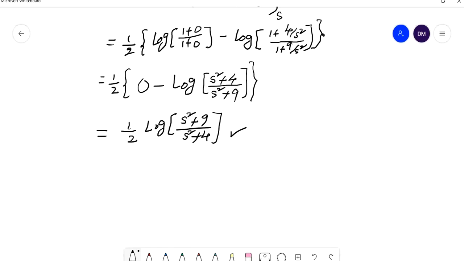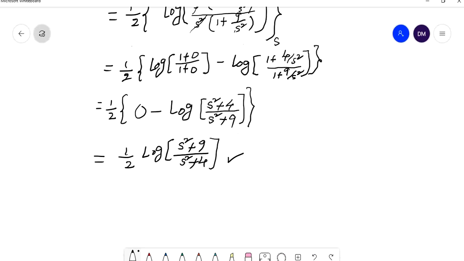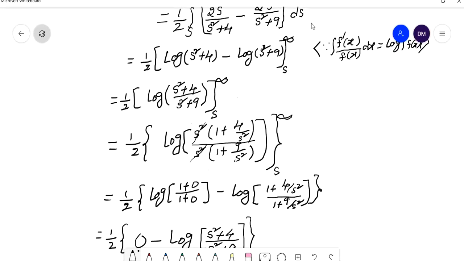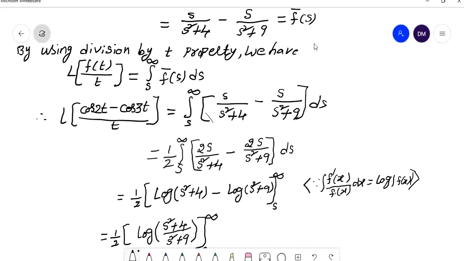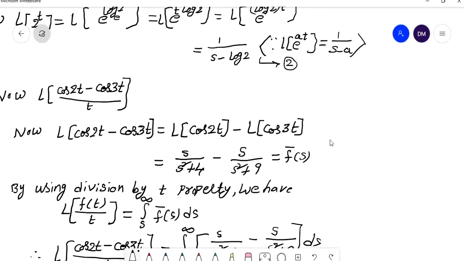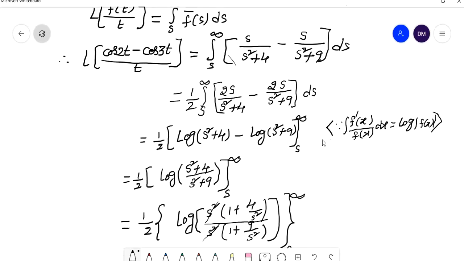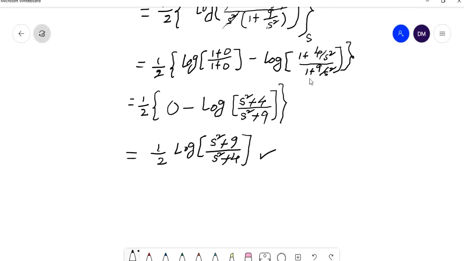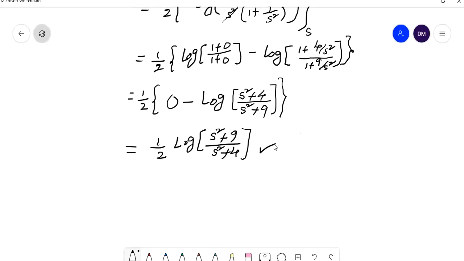Now we have to know the solution of the fourth problem. So see here, take this one as equation number 3.